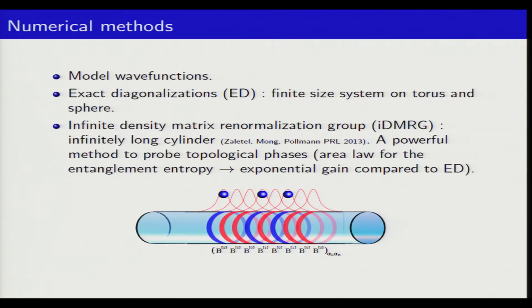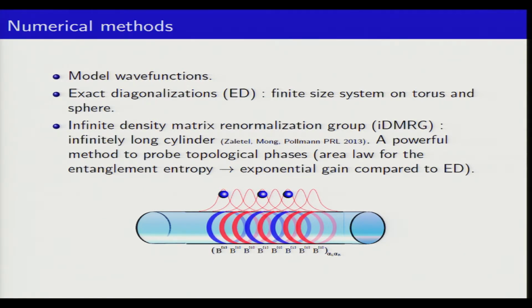But we also have more powerful methods these days, like the infinite density matrix renormalization group. So this is tightly related to the notion of matrix product states that we discussed last week. Basically, it's an algorithm. If you think about all the physical states that you can imagine, the kind of states that we are interested in, especially in this realm of topological order, are states with a very specific entanglement structure.